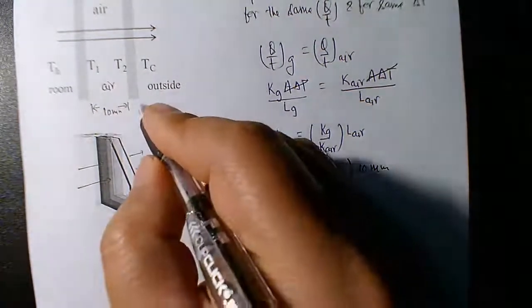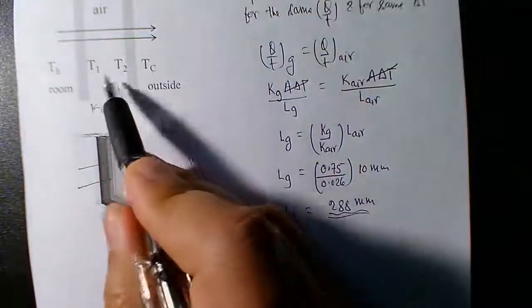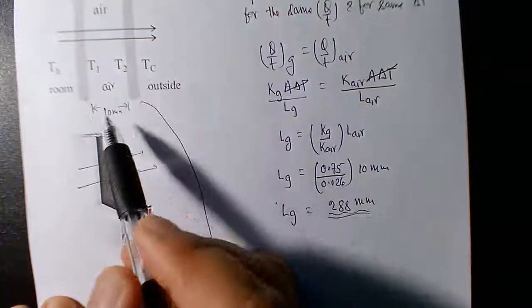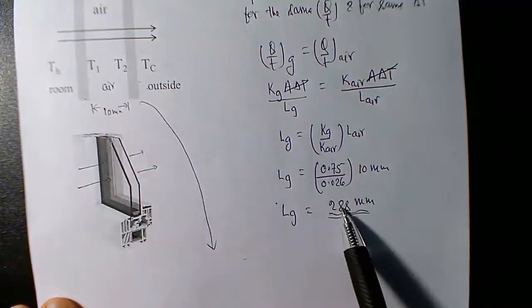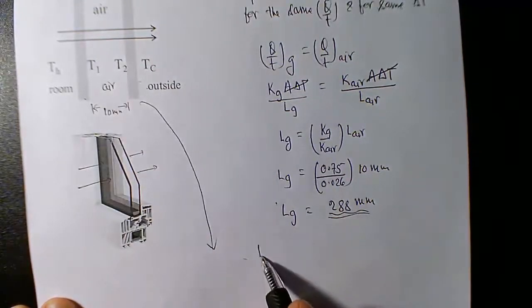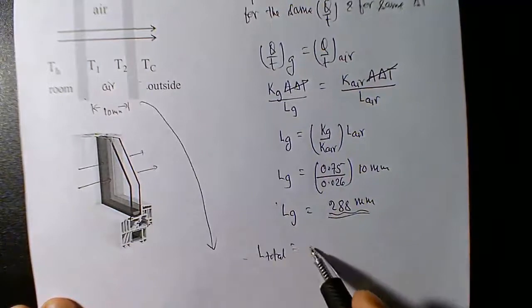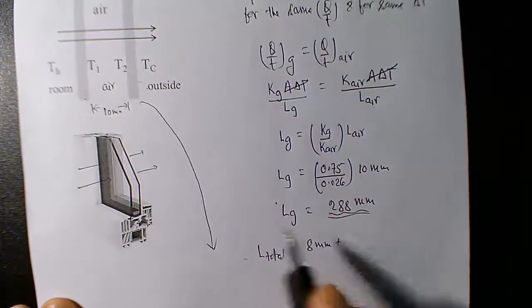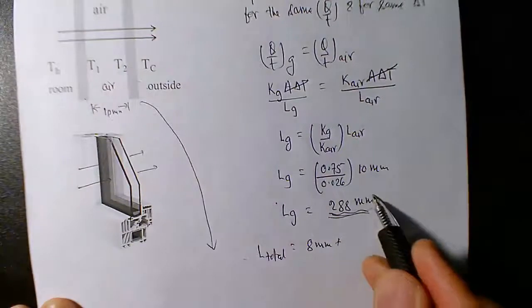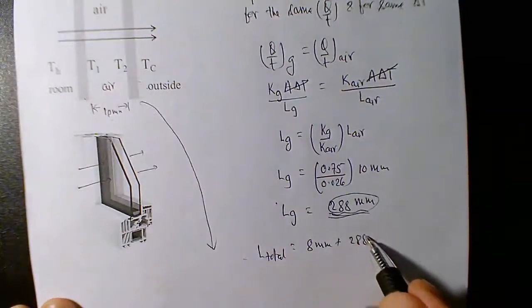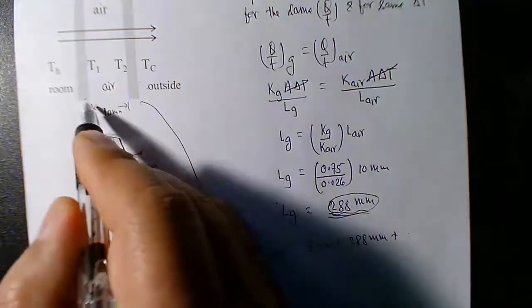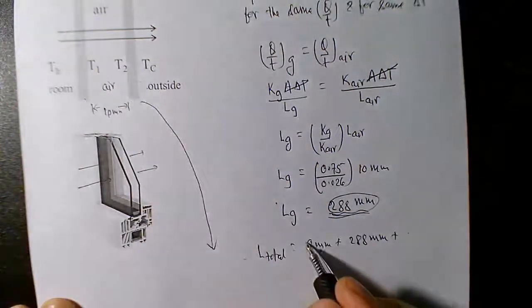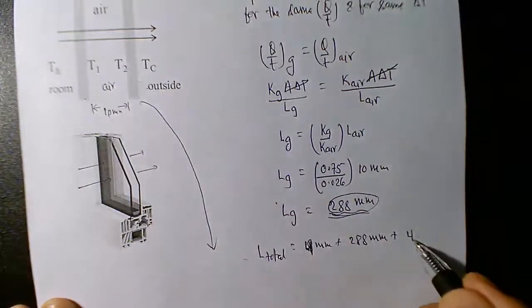So then back to this. This is a series combination of these three, right? Now we can just replace 10 millimeter by 288. The 10 millimeter of air can be now replaced by 288 millimeter, plus 4 millimeter, and again 4 millimeter.